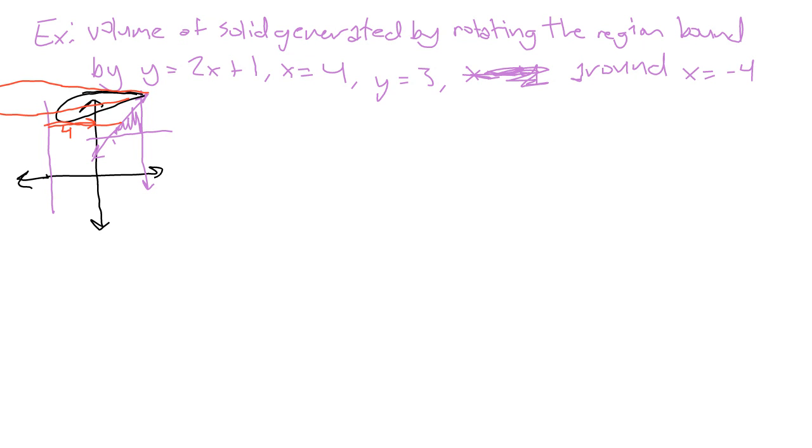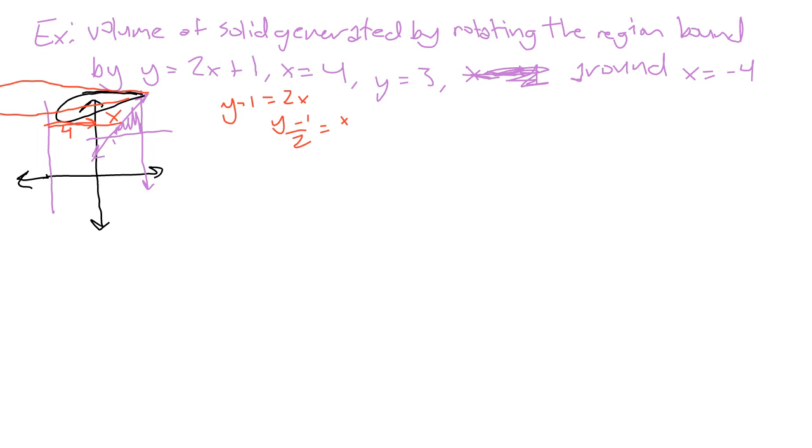Then we hit here, and I'm going to change this in terms of x real quick while we're at it. So we get y minus 1 is equal to 2x, so y minus 1 over 2 is equal to x. So right here, this is that x value, which is equal to y minus 1 over 2. I can't speak today.